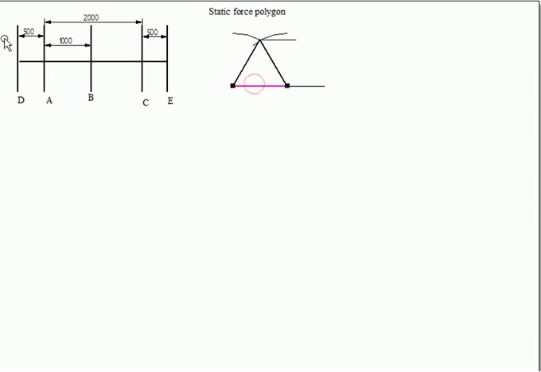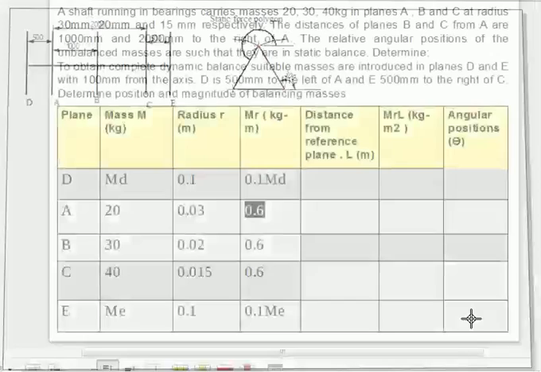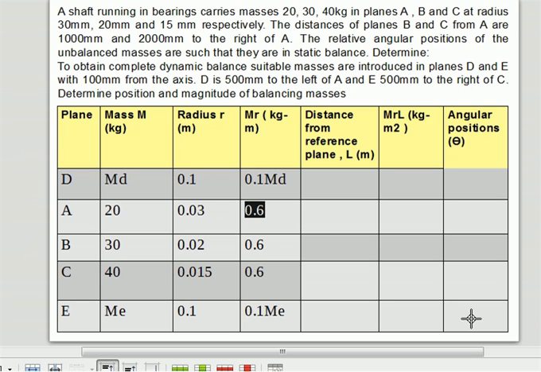So this line represents mass A, and to find out the inclination of mass B, I told you always you have to measure angle with respect to horizontal. So mass B is inclined at 120 degree, and this line represents mass C, and you have to measure angle with respect to the 0 degree line. So this total angle will be the inclination of mass C, and if you measure this angle you will get 240 degree.